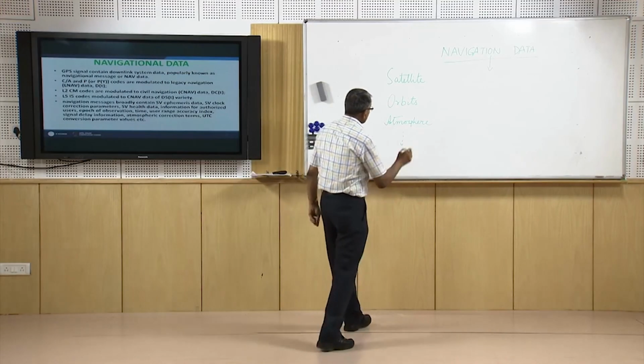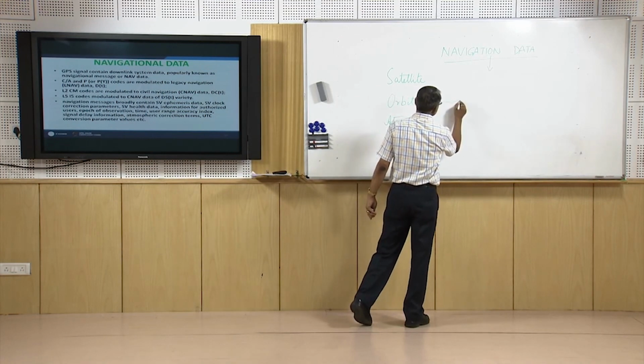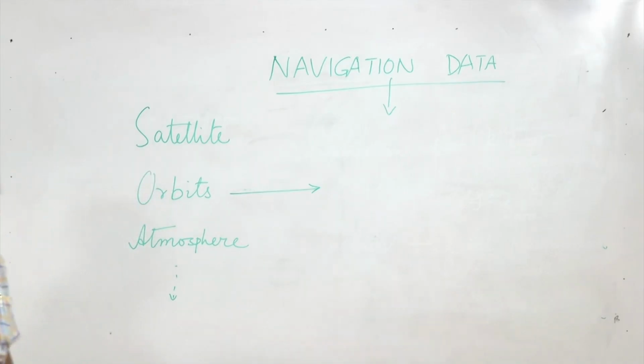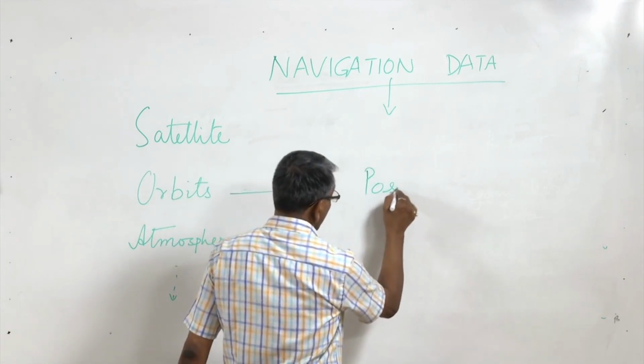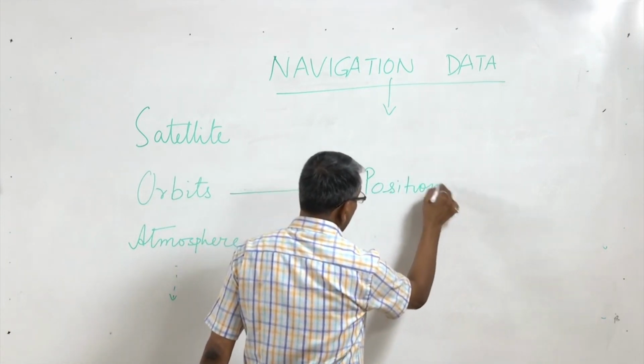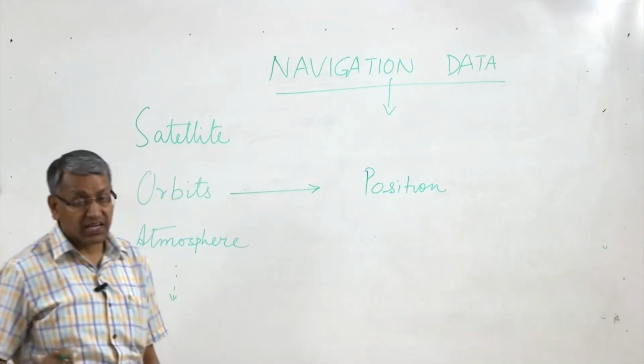The information about the orbits provides the position of the satellites at the particular time of transmission of the signal.